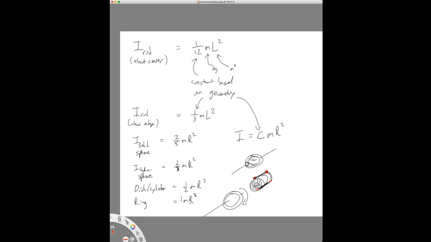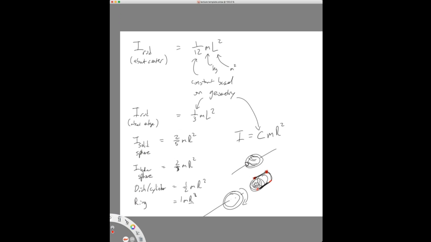At any rate, without knowing in detail how to calculate this, there's no way for us to know why the numbers are what they are. But conceptually, just think to yourself, the more the mass is spread out to a larger radius, the bigger this constant is going to be. And the more the mass is compact and located toward the center, the smaller the constant will be.